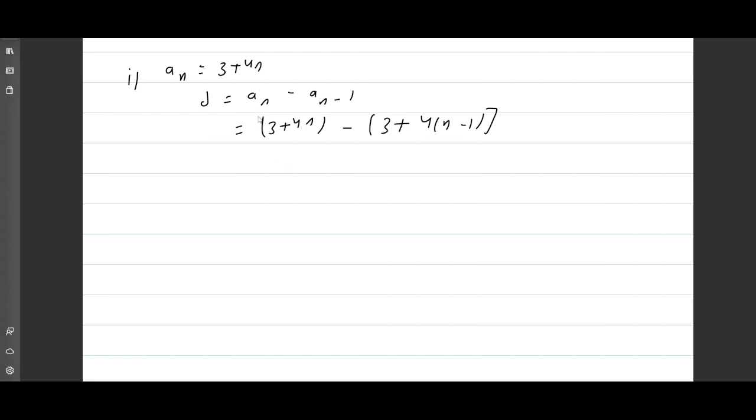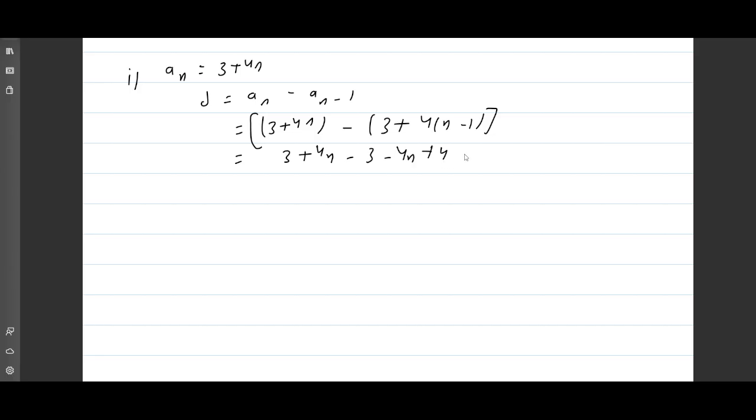So this is equal to 3 plus 4n minus 3 minus 4n plus 4.